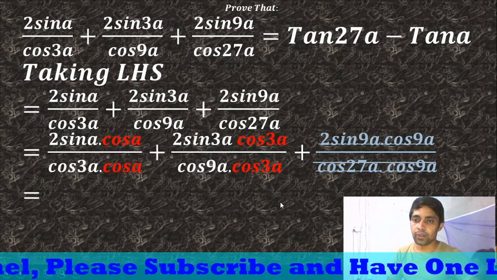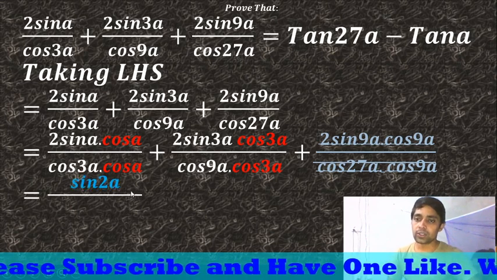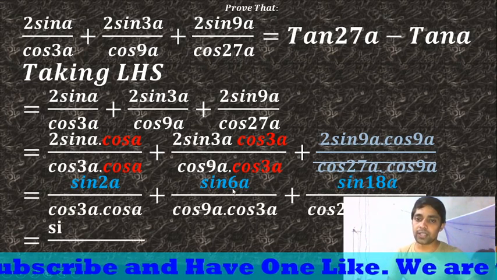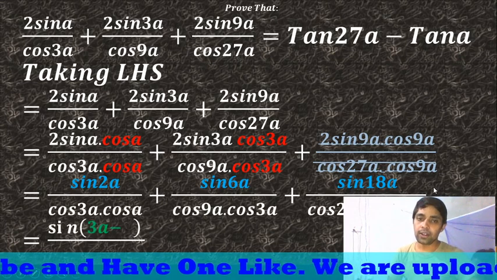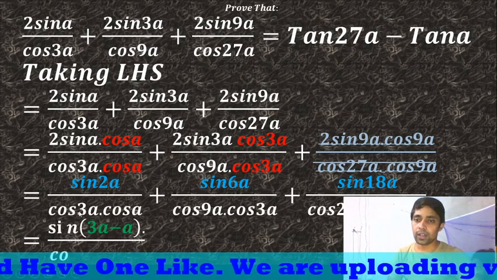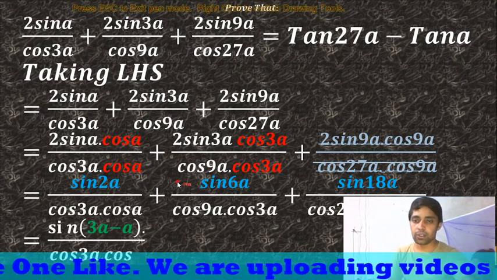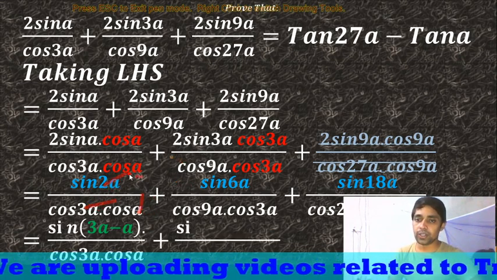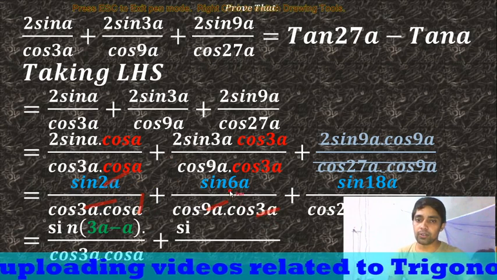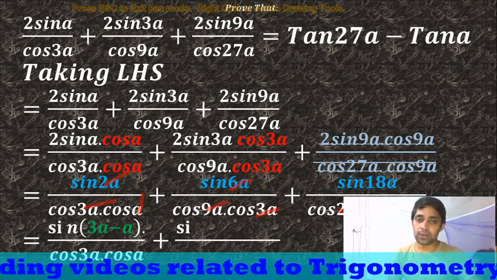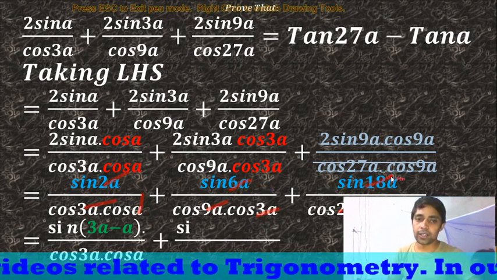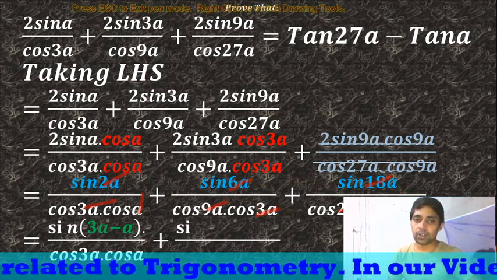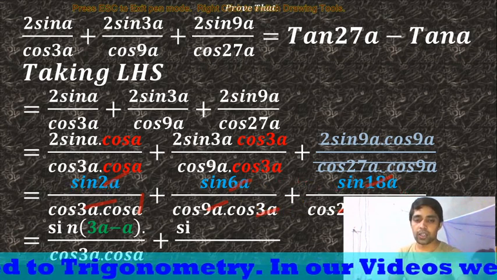So here we are getting first sine 2a, second we will get sine 6a, third we will get sine 18a. And if we look at denominator and numerator, we will see some similarity. It means that 3a minus a will be 2a, 9a minus 3a will be 6a, 27a minus 9a will be 18a.